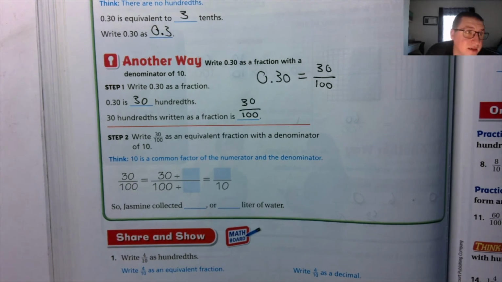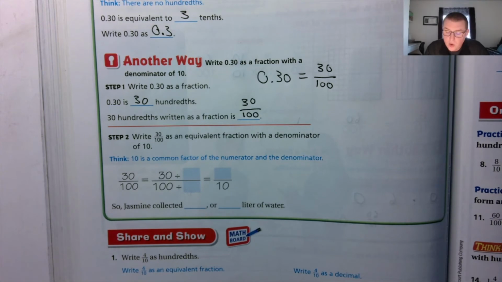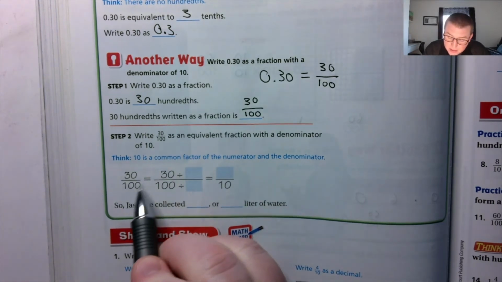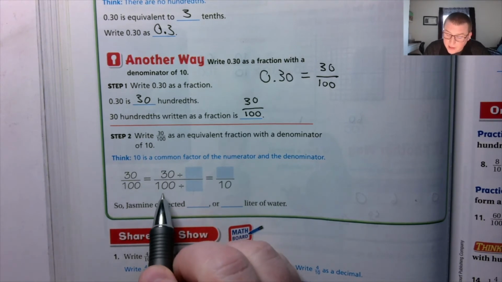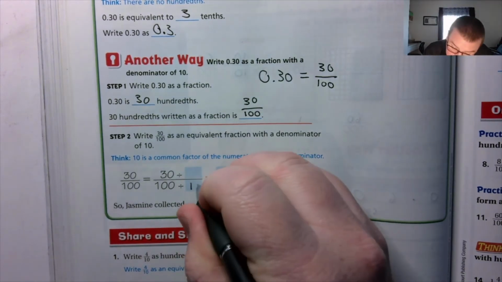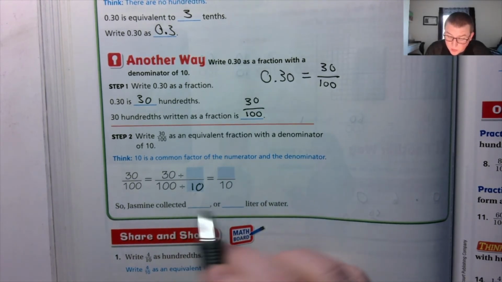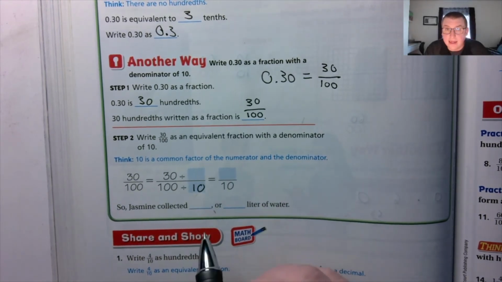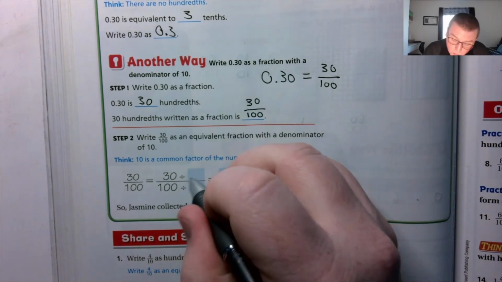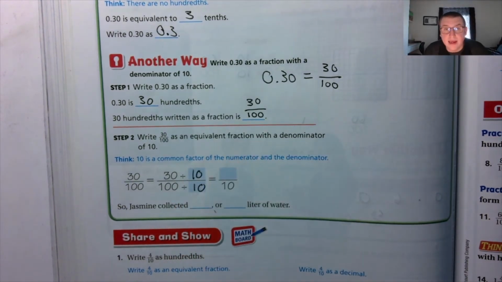Step 2 says write 30/100ths as an equivalent fraction with a denominator of 10. So in our first problem, we had to multiply. This time, we are going to divide. So we know 30/100ths, we know 100 divided by 10 can equal 10, because earlier we did 10 times 10 equals 100, so we're dividing. Because we're dividing the denominator by 10, we're going to divide the numerator by 10.